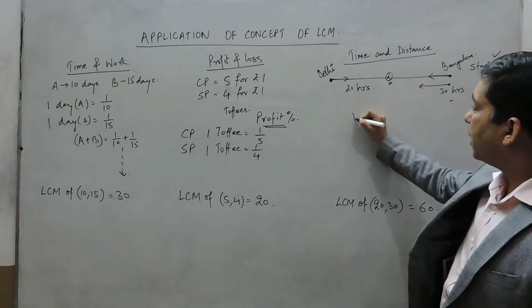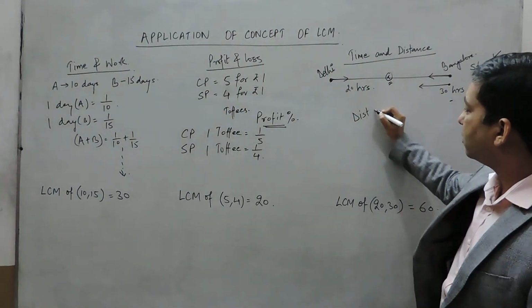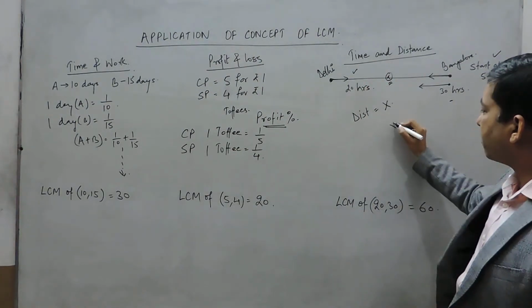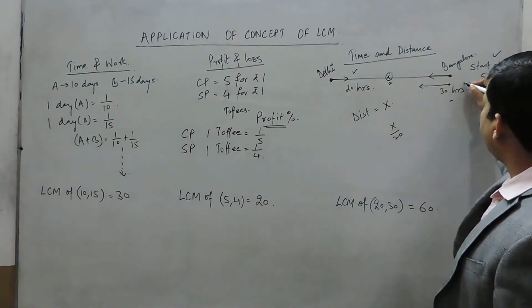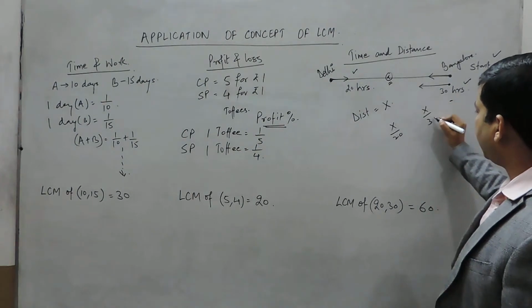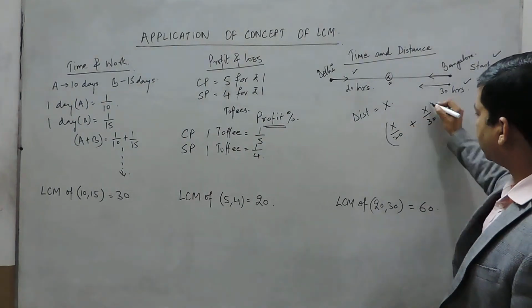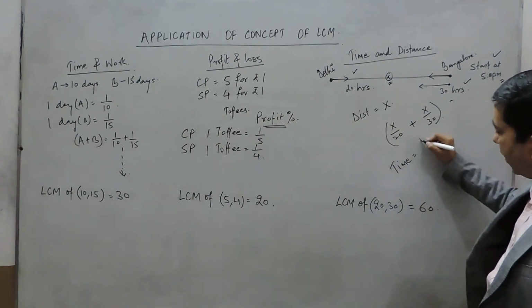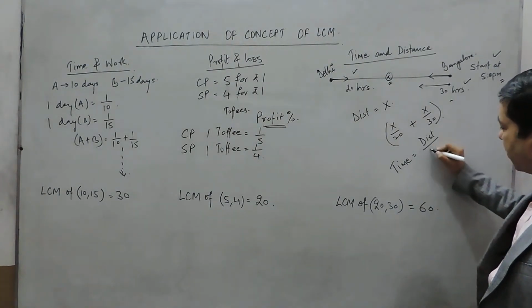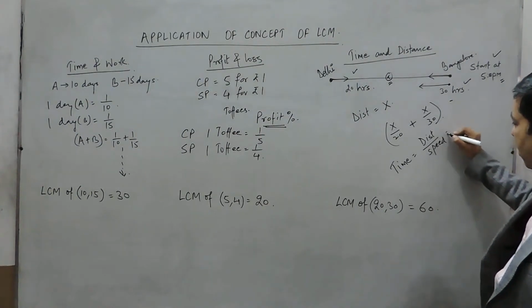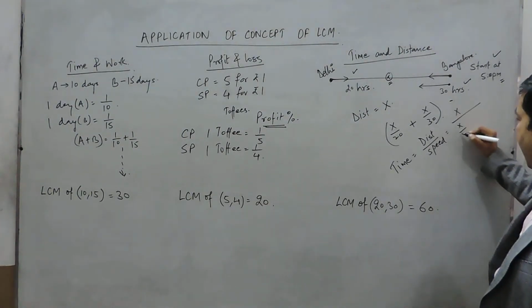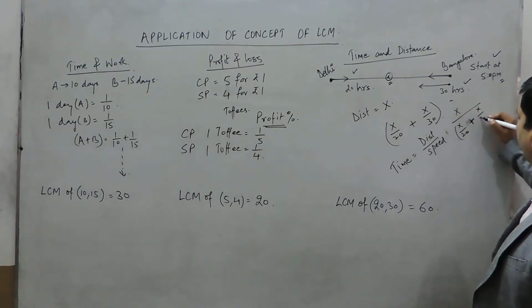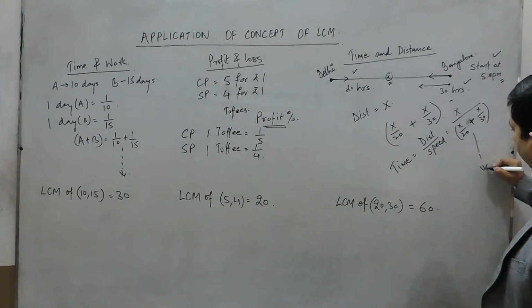Here also, with the distance taken to be x, the speed of the first train becomes x upon 20 and the speed of the second train becomes x upon 30. So the relative speed becomes this. When we solve by taking the formula time is equal to distance upon speed, we say x upon x by 20 plus x upon 30, and then solve this question.